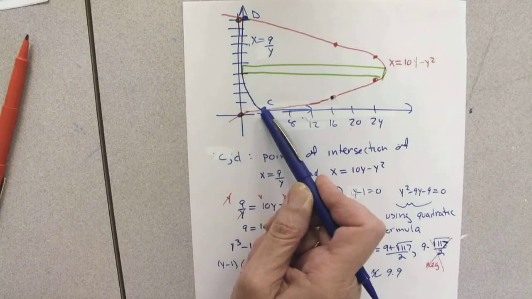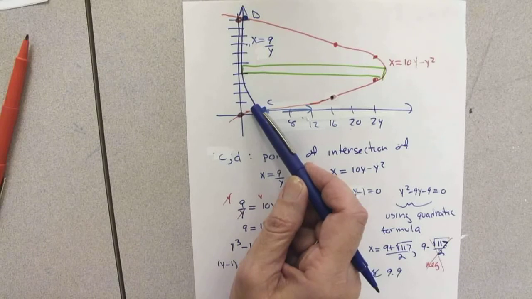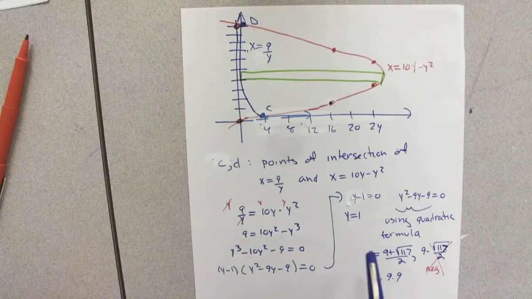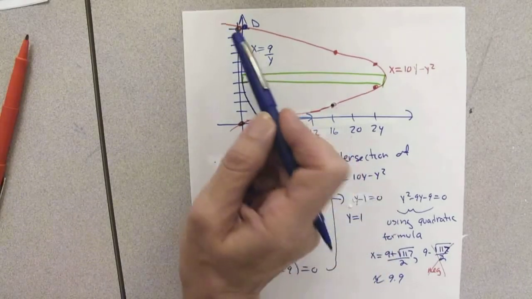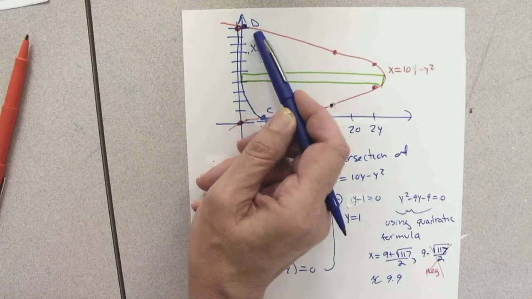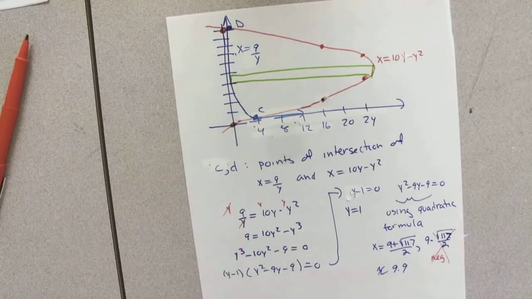That's not at y equals 1, but thinking that it might be at 1 given that I'm a horrible artist, not an impossibility to believe that that's y equals 1. And the same thing over here, this guy, which is about 9.9. Again, this looks closer to 10. Looks like maybe even a little bit bigger than 10, but it seems reasonable. And so there are my points of intersection.